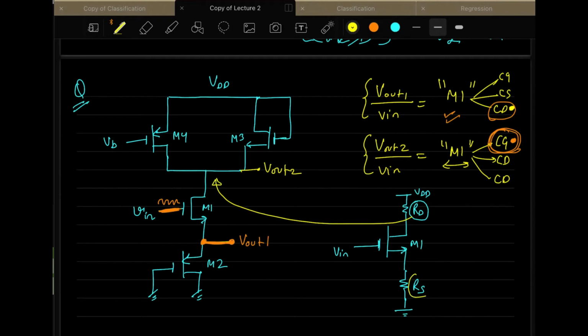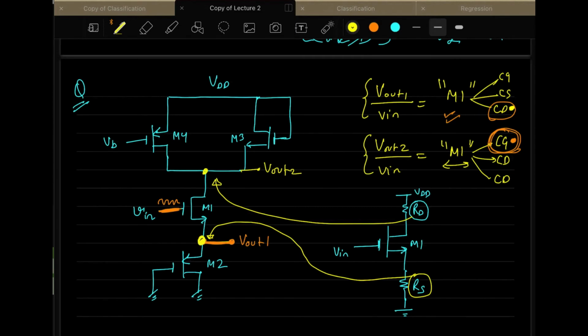And this resistance RS is equivalent to the total resistance which you will see from here. Note down the way the arrow is showing, and note down that value. So RD is the total resistance seen at this node, and RS is the total resistance seen at this node.